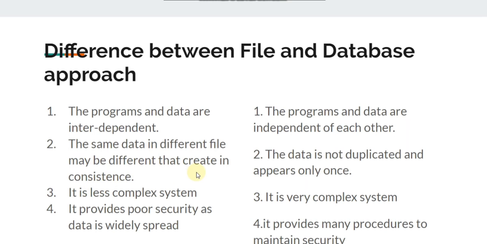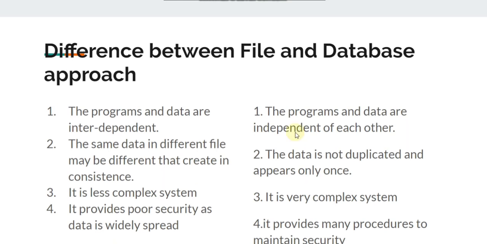Inconsistency means data duplication. So the same data is present in different places. Like we have a student file system, and we want to make a library card for the student. So we need a student file for that, and another student file for the library system, while in a database it is not needed.